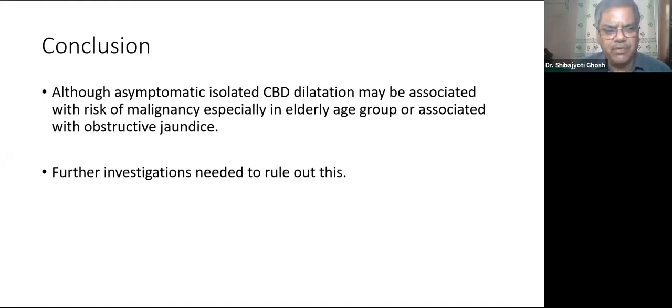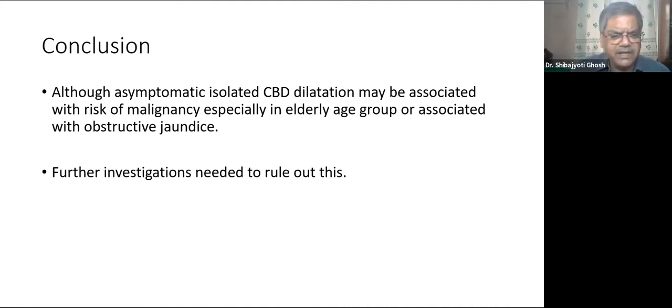So two things are important when you see a patient with an asymptomatically dilated common bile duct. One thing is we'll have to see whether the dilatation is uniform, in the sense that both the common bile duct and IHBR are dilated or not. If both are dilated, the chance of detecting a pathology is more than with only an isolated dilated common bile duct.